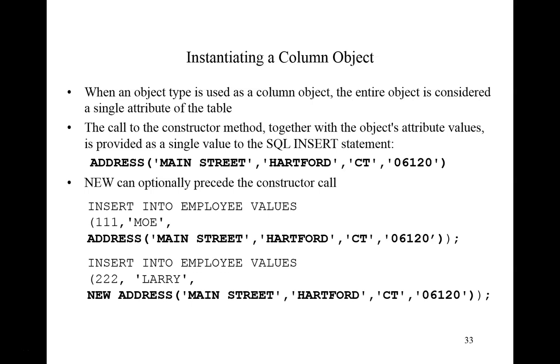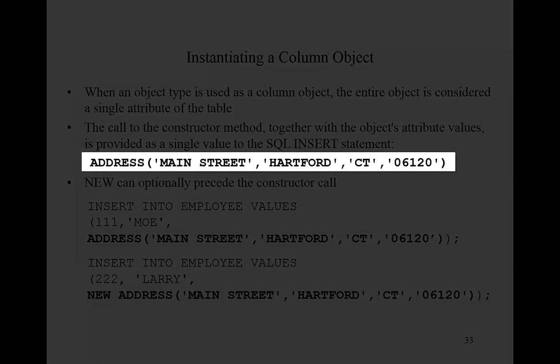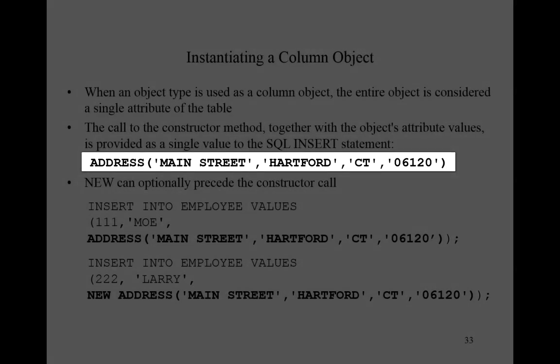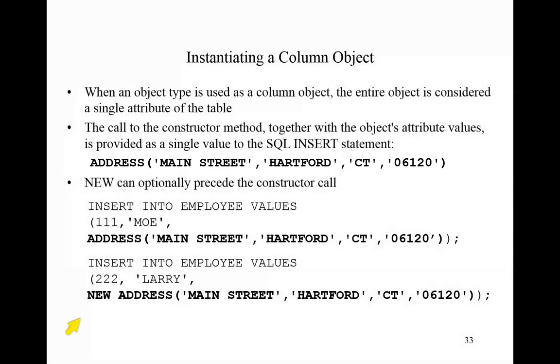We've created the UDT called address, and it has 4 attributes. Here we see a call to the address constructor. Optionally, when we invoke the constructor, we can supply the keyword new to express the notion that we're instantiating a new object instance. But new is optional.